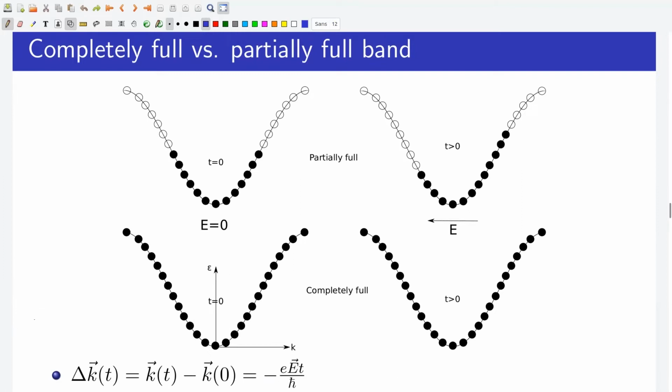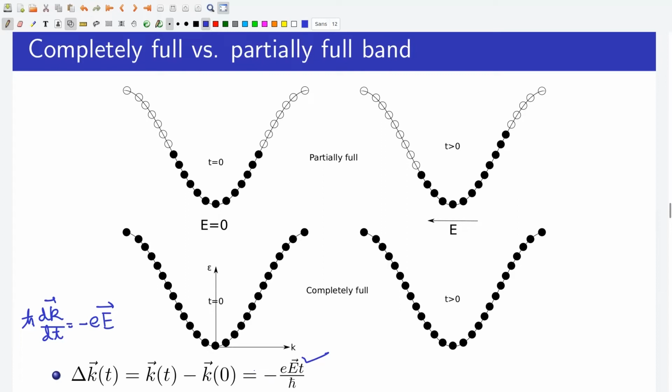We apply an external electric field and solve the equation of motion. H bar dk/dt is equal to the force, the charge of the electron times the electric field. We have to find how k changes as a function of time, and this is how k changes as a function of time.